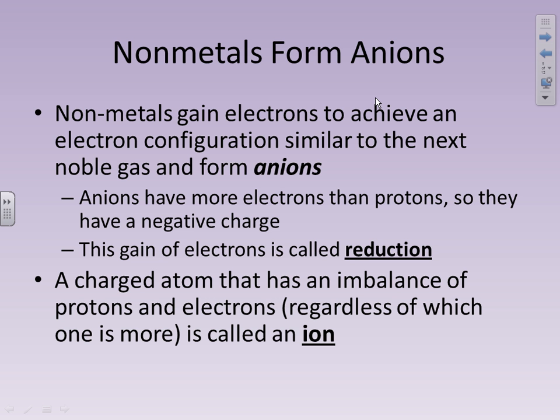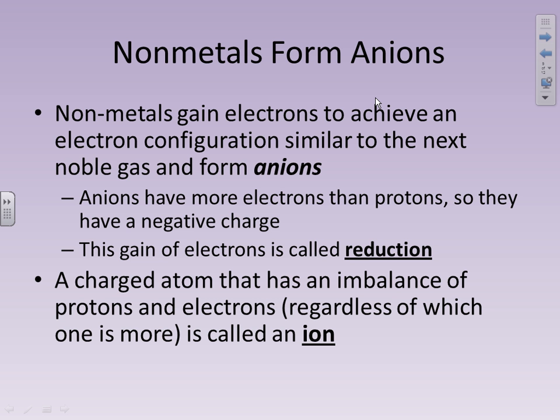Nonmetals will gain electrons. Once they gain electrons, now they have more electrons than protons. If they have more electrons than protons, they have what kind of a charge? Negative charge. That atom that has gained electrons and now has a negative charge is called an anion.